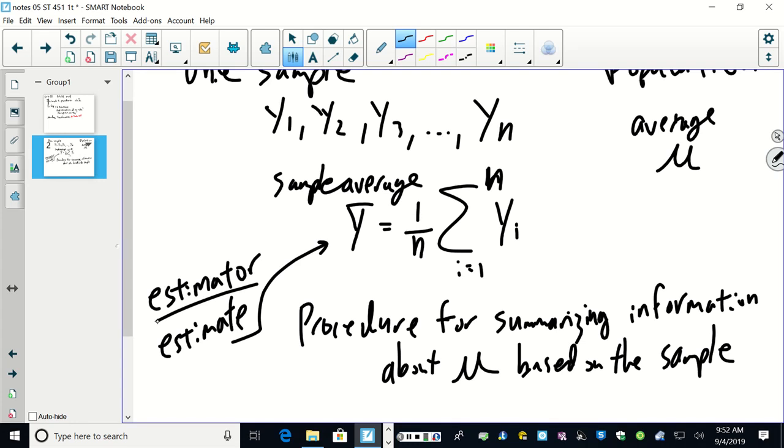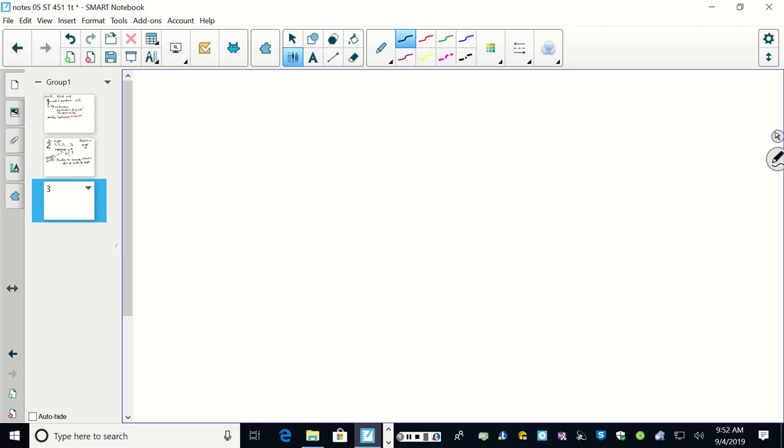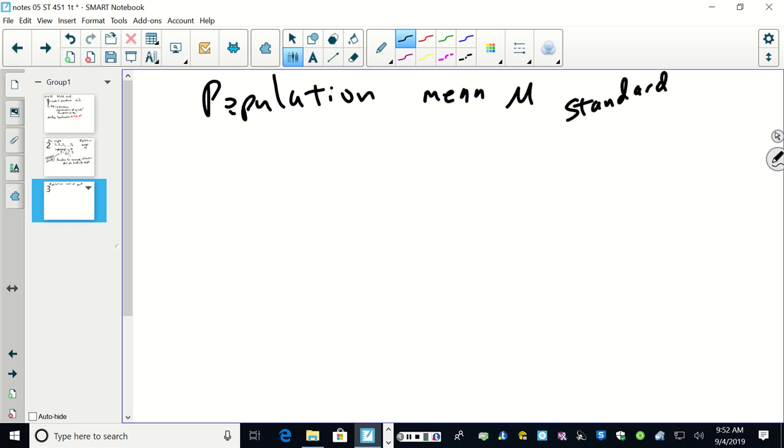So we can go to a little bit of theory in the population. If it has a mean of mu and a standard deviation of sigma.